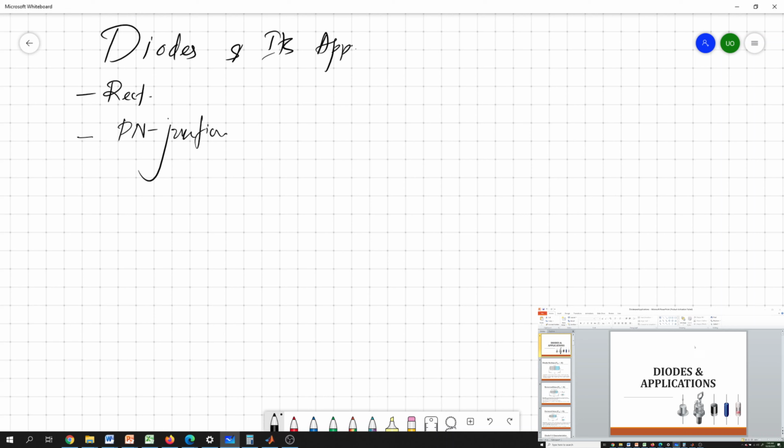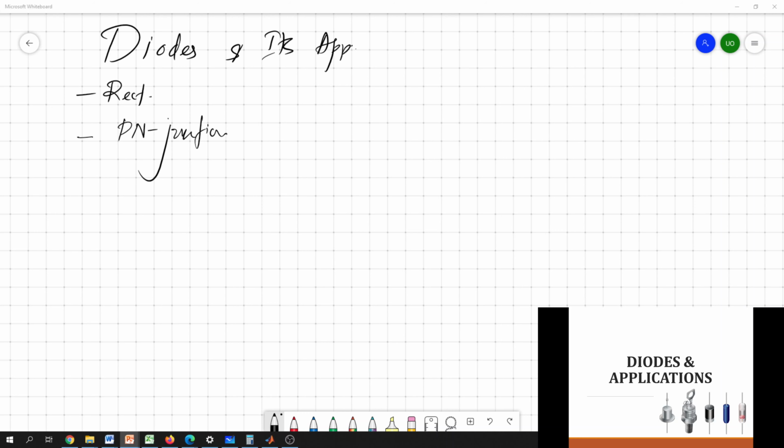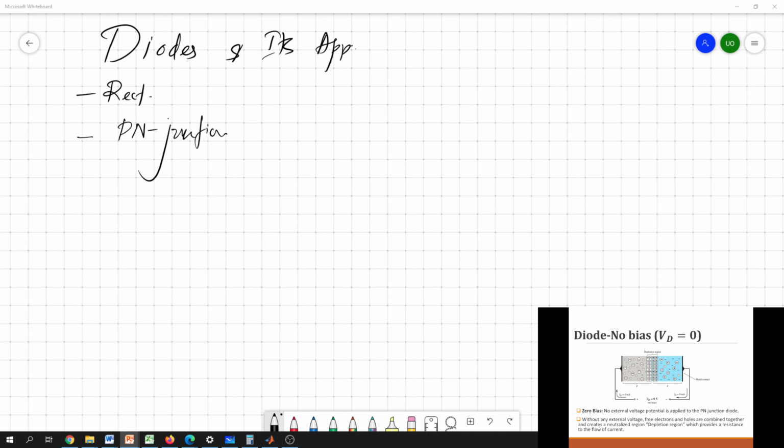Once you go through the slide set which I shared already, you can see some information about how we can make a p-n junction using P and N type semiconductor materials.